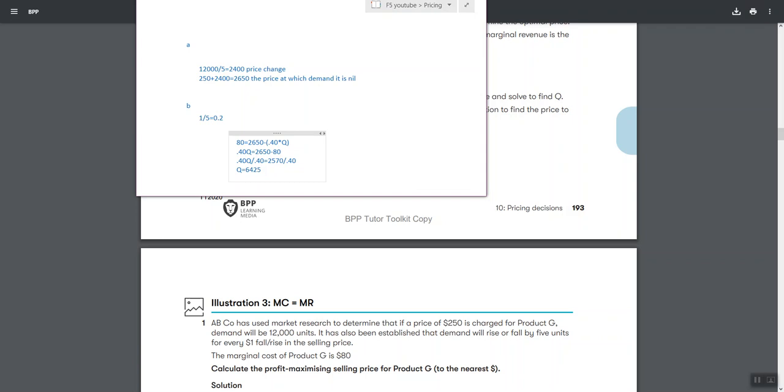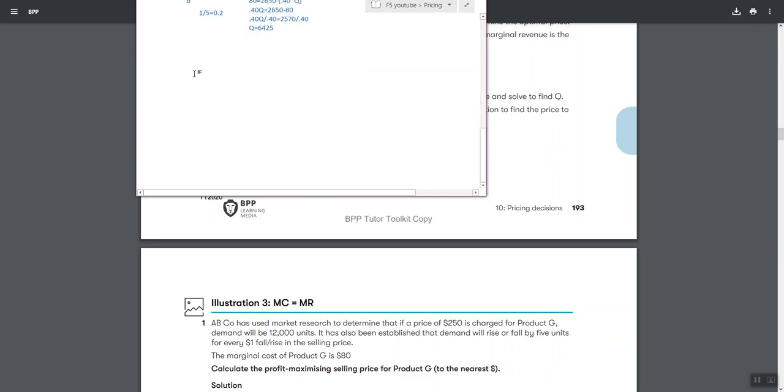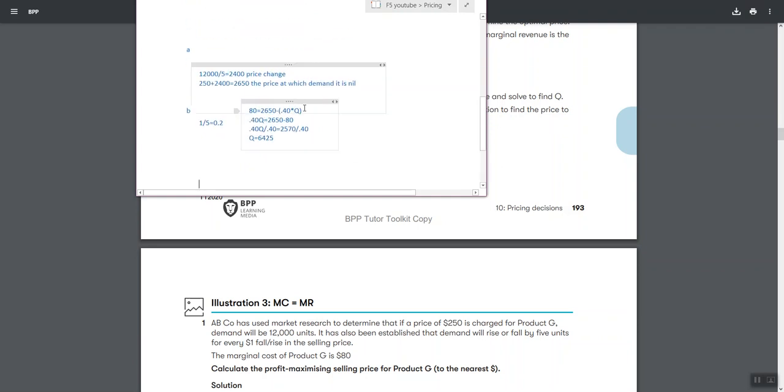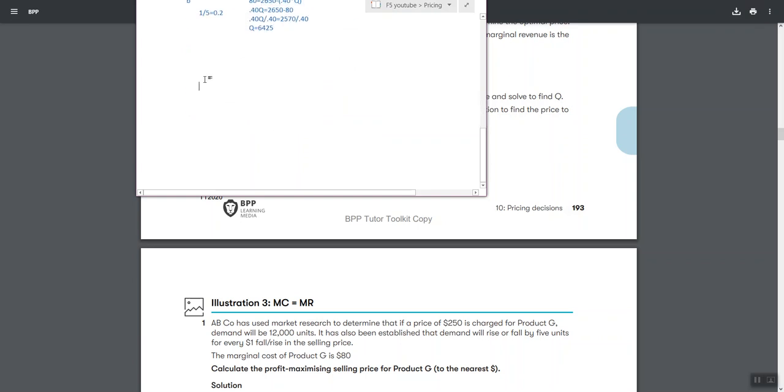So using this marginal revenue or marginal cost formula, we found the quantity that we need to sell to maximize the profit. Now that we have the quantity, we can apply that to the formula to find the price. Same formula, but remember it is not multiplied by 2, so it is 0.20.